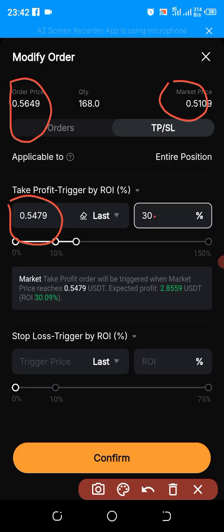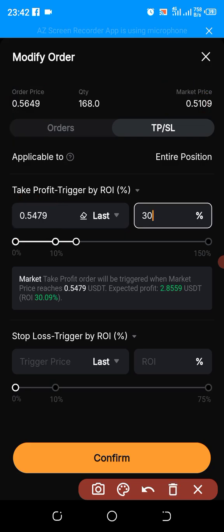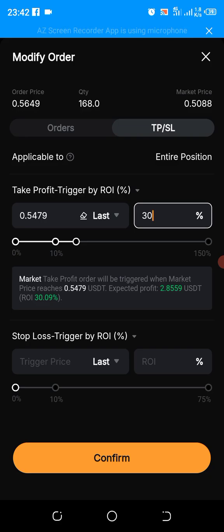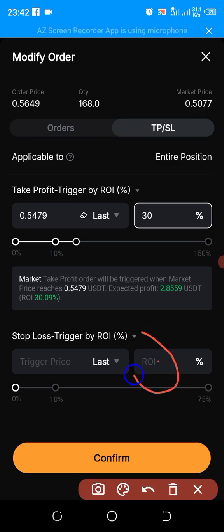But you also have to set up your stop loss. So this is my stop loss. Just click on this to use the stop loss. To use the stop loss, you can also click on the percentage.